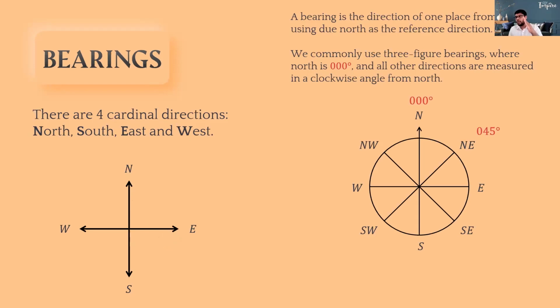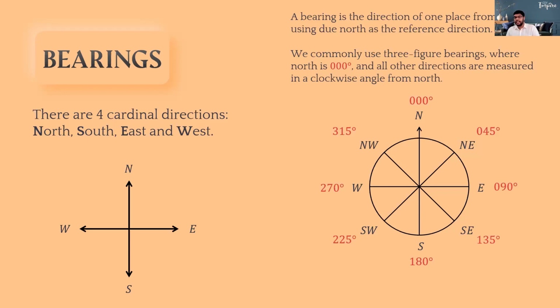Between 0 and 90 is 45 degrees. And then when you go to east, that is 90 degrees. So we keep going in increments of 45 degrees. So we have 135 at southeast, and south is 180 because one full straight line or half circle from north to south. Then we have 225, west is 270, and northwest is 315. After that we have reflex angle.